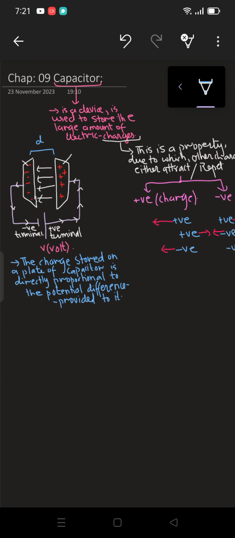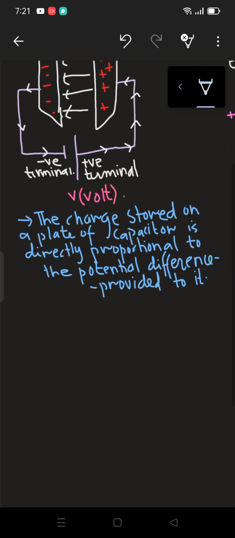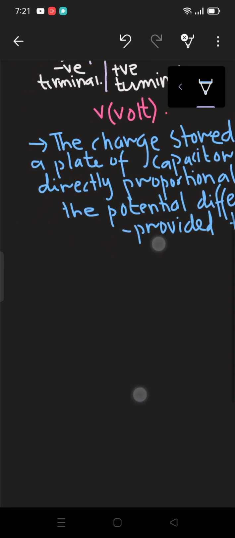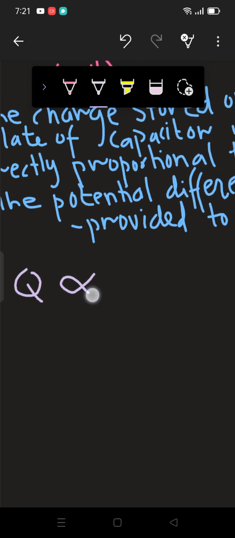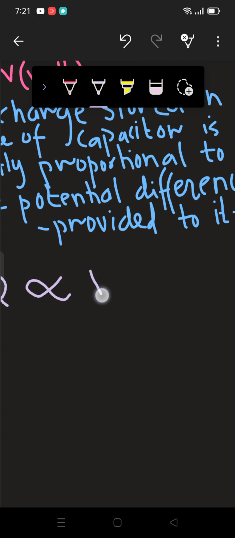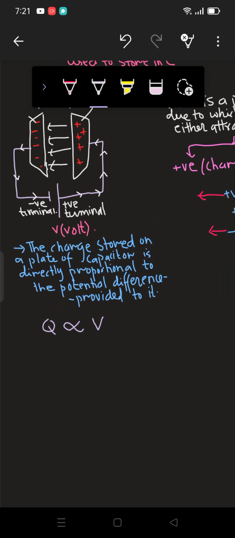This topic is very important in terms of MCQs, so every single point is an MCQ. So Q is directly proportional to V, which means the charge is directly proportional to the potential difference provided to it.